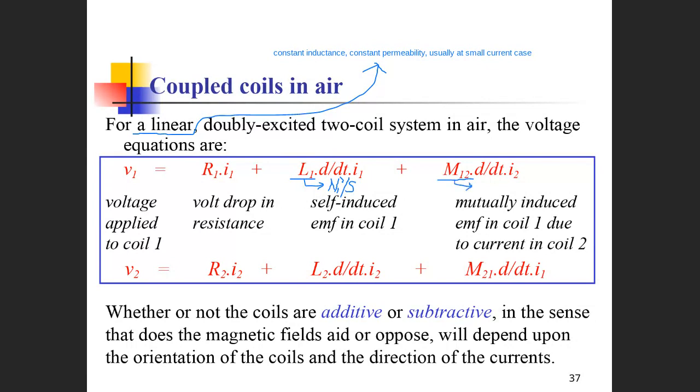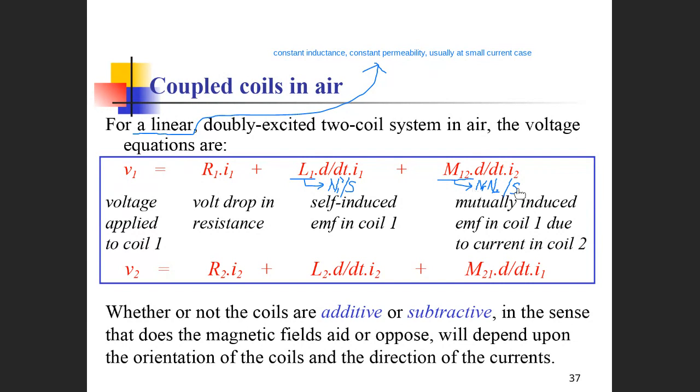This is N1 times N2 over S. Now you understand the difference between them: self-inductance, mutual inductance.